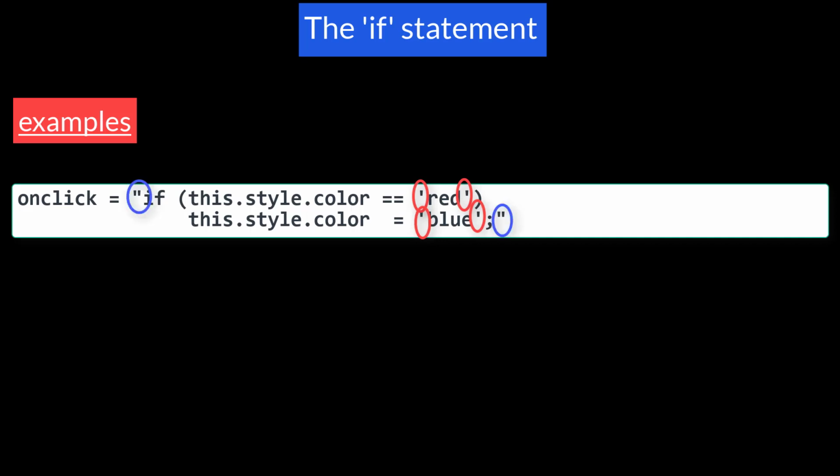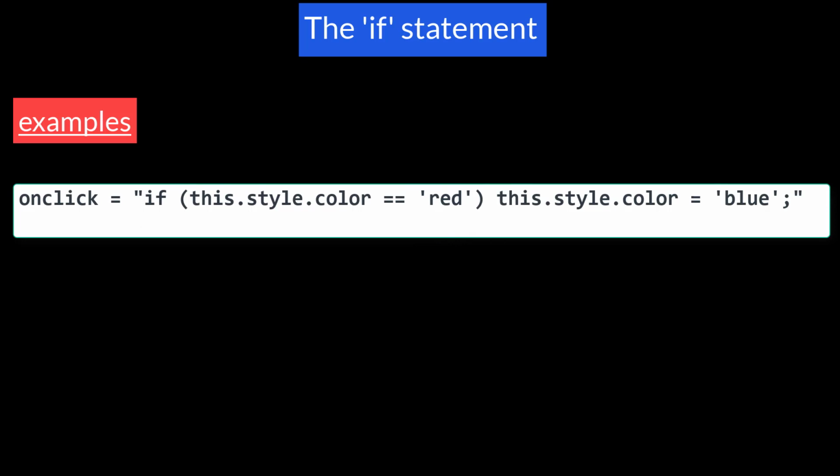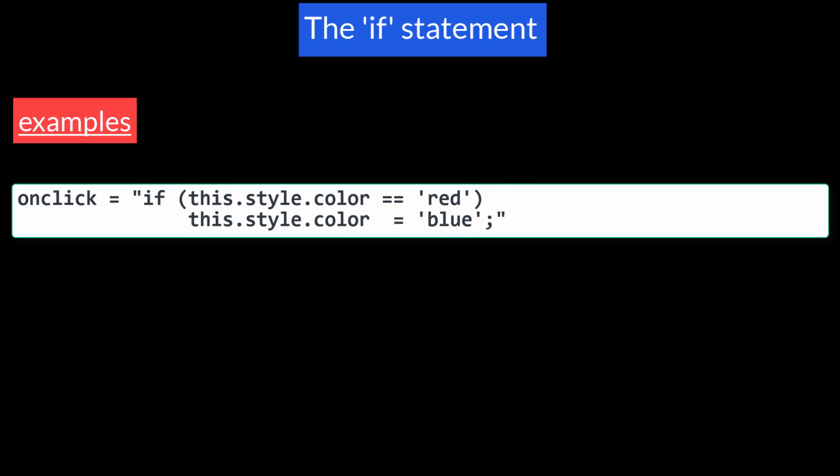Also, note the line break. That's totally up to the user, as is indentation. Note the use of double equals in the condition test. A common error is to use a single equal sign in this location, but that would make it an assignment statement, not a conditional test.